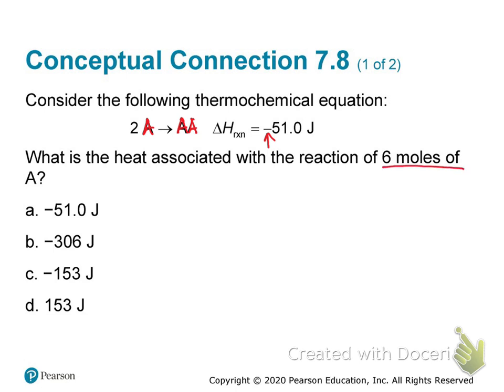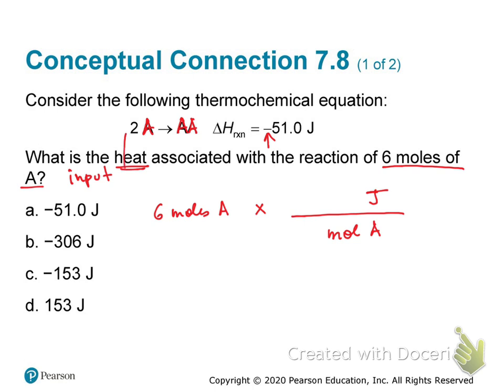6 moles of A is input. I begin my dimensional analysis with 6 moles of A, moles of A on the bottom. And since I want heat, that's my energy, I have to have joules on top, because joules is a unit of heat. I'm going to look at my equation for information, because this conversion factor comes from the balanced chemical equation.